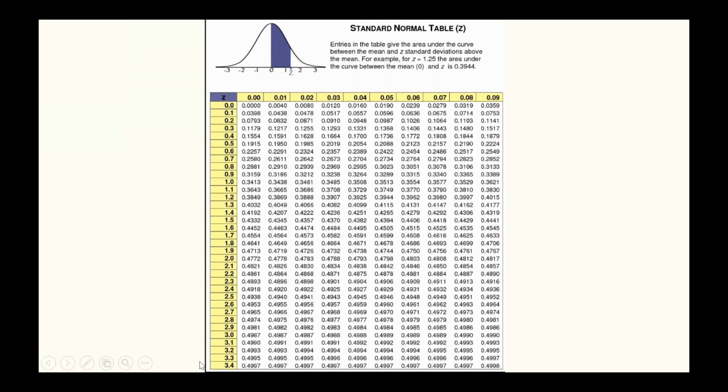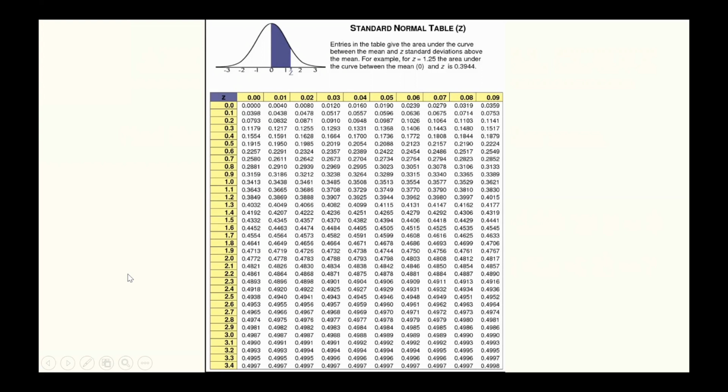The given z is negative 1.23, but in the table, there's no negative number. For us to get the area of negative 1.23, we'll first omit the negative sign. Instead, let's consider the positive 1.23.